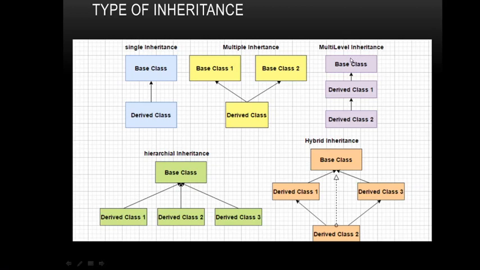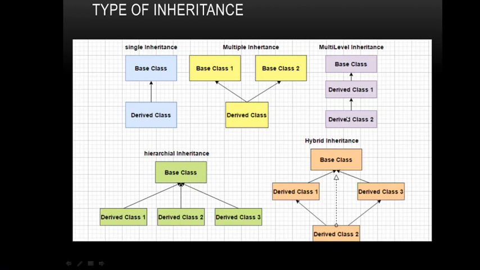Multi-level inheritance is another type of inheritance where there is a base class, derived class 1, then derived class 2. That means three levels of inheritance: grandfather, father, and child.